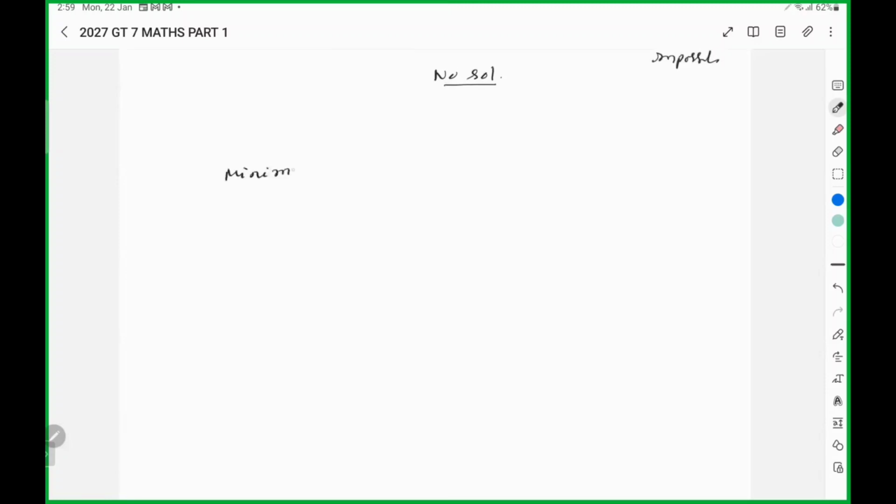Minimum distance of from the origin to a point on the curve.